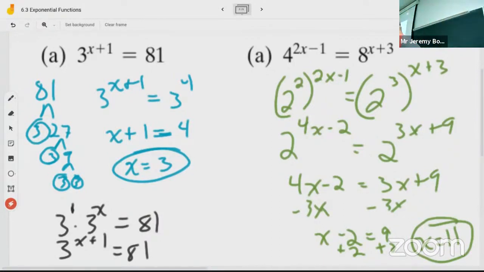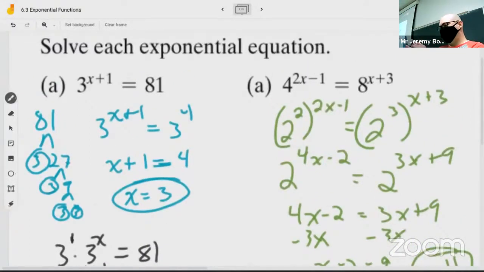The other one, the 4 to the 2x minus 1, that could have been written as 4 to the 2x over 4. Because remember, when you divide, what do you do with their exponents? You subtract them. So this is the same thing as 4 to the 2x minus 1.